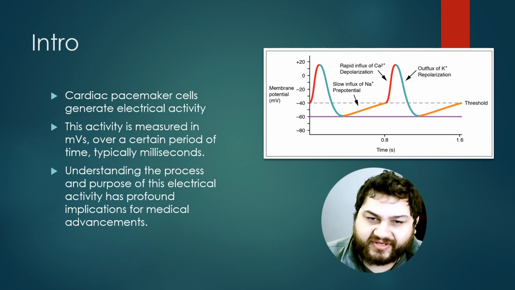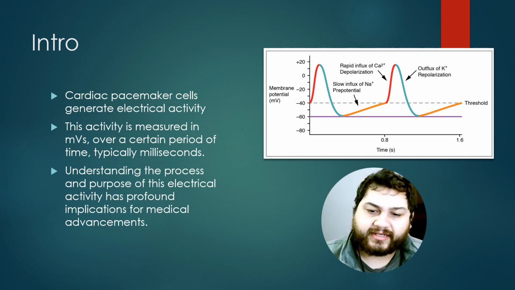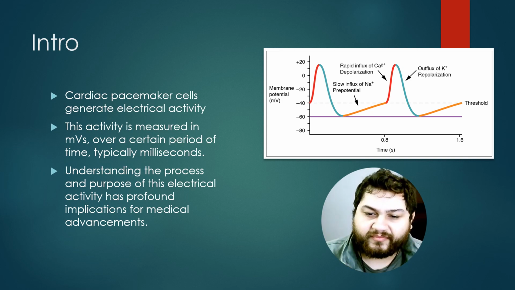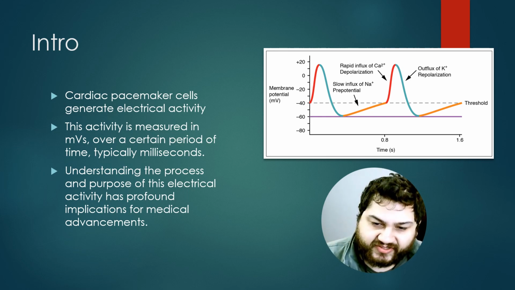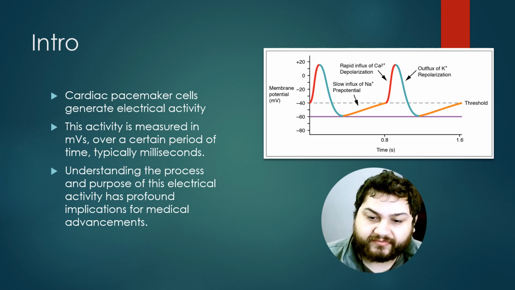So this is the basis of the importance of cardiac pacemaker cells. That's basically the main goal and main issue I'm trying to get at: the overall scope is the main purpose of benefiting medical devices and improving pacemaker technology within patients.